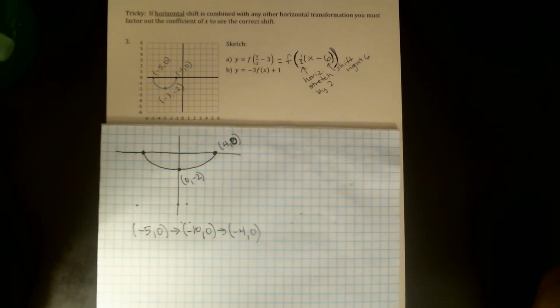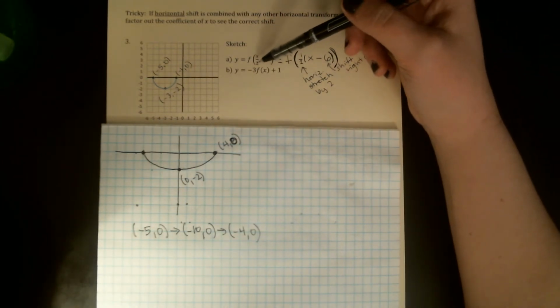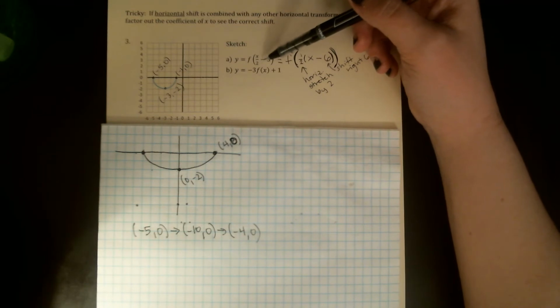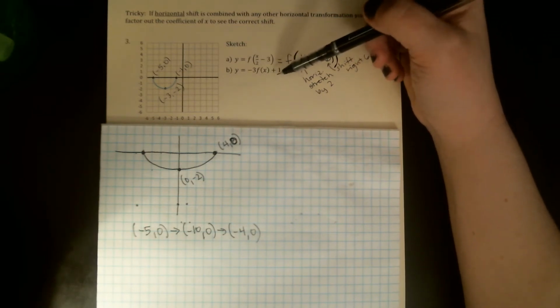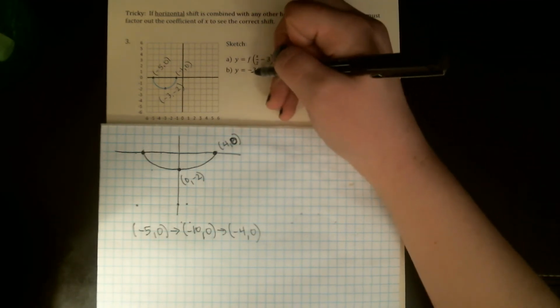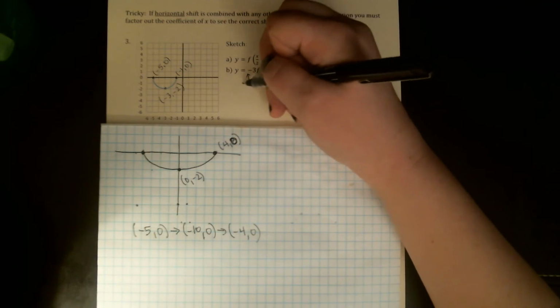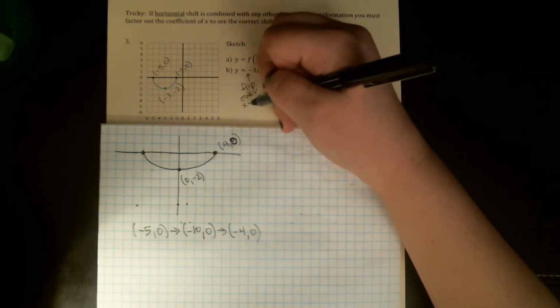The second one is really just to point out that this is only a problem with x's. If I had done a horizontal stretch by 2 and shifted to the right 3 here, my picture would not actually be right. But here, my transformations are all affecting y. So this is a flip over the x-axis.